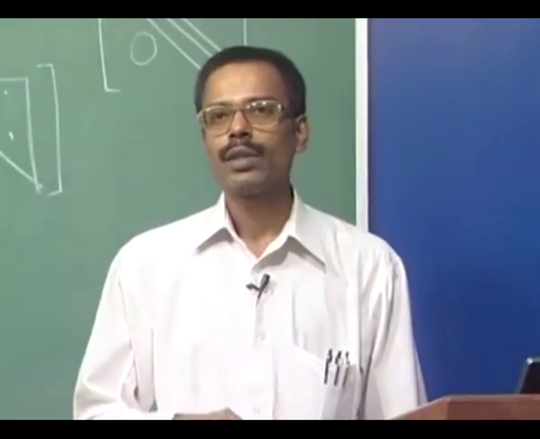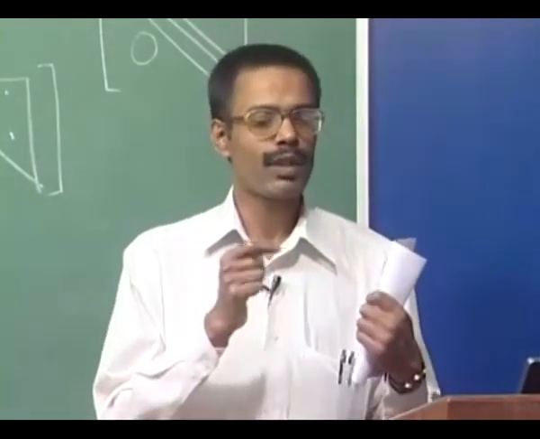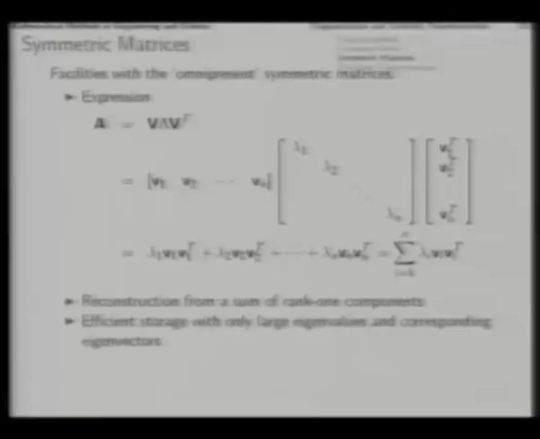Later, when you need to reconstruct the matrix, these 10 eigenvectors with their corresponding eigenvalues will be able to reconstruct the matrix completely by a summation of not 4000 items like this, but just 10, because the contribution of the rest of them will be extremely small. This is one advantage: efficient storage with only large eigenvalues and corresponding eigenvectors. The rest of the things you do not have to store.